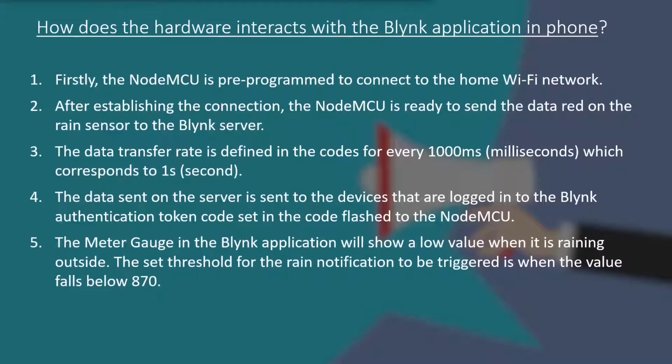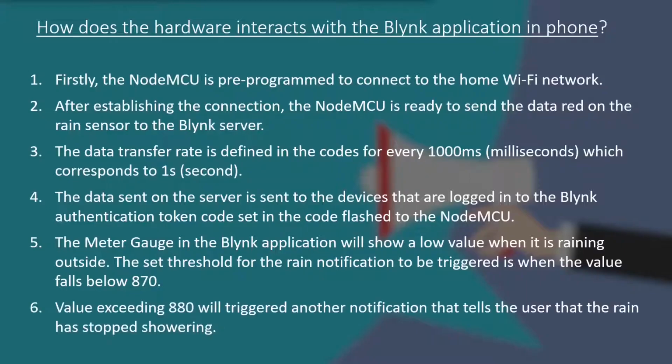The meter gauge in the Blink application will show a low value when it is raining outside. The set threshold for the rain notification to be triggered is when the value falls below 870. When the value drops below 870, the system will send a notification to the user's devices.